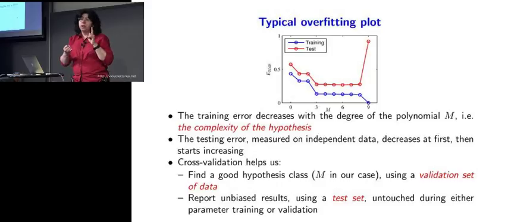That means you don't fit any kinds of parameters of the learning algorithm on that data. You don't figure out how to do the pre-processing using that data. It absolutely has to be fresh data. Otherwise, you don't get a correct idea of what your hypothesis class should be.